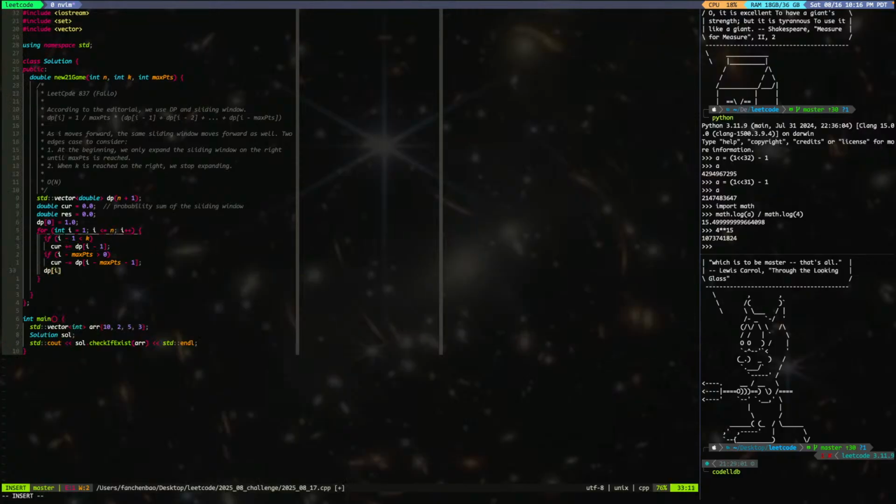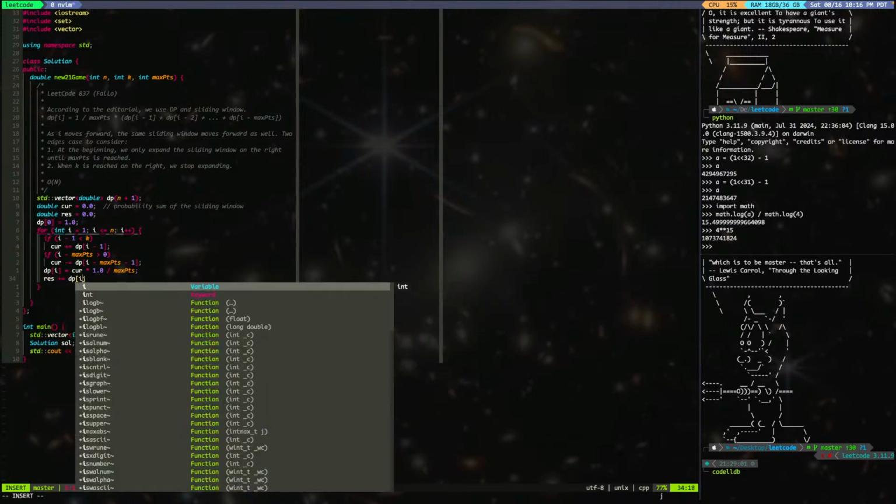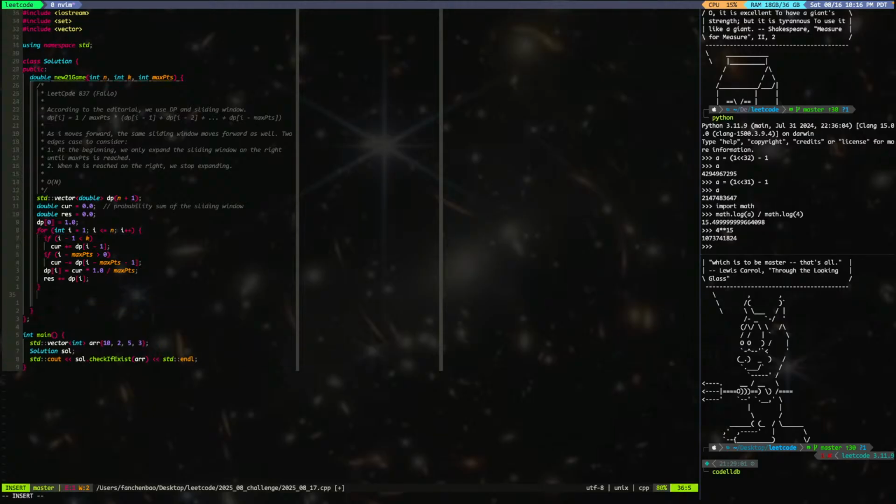Then we say dpi shall equal to current times 1.0 divided by max points. And the rest will plus equal to dpi. Okay, let's give this a shot.